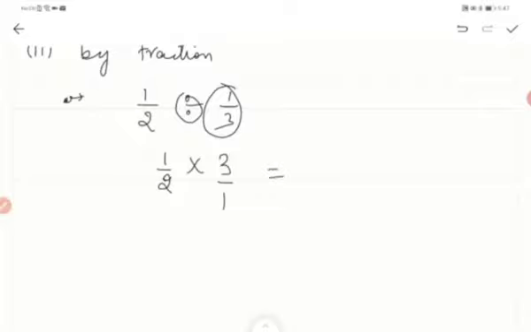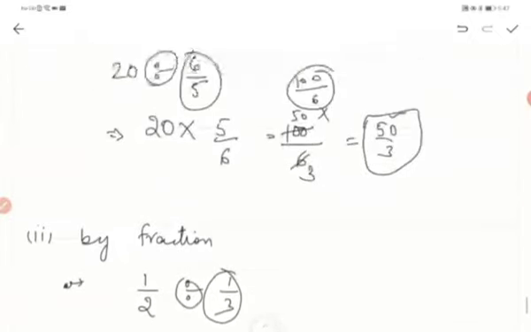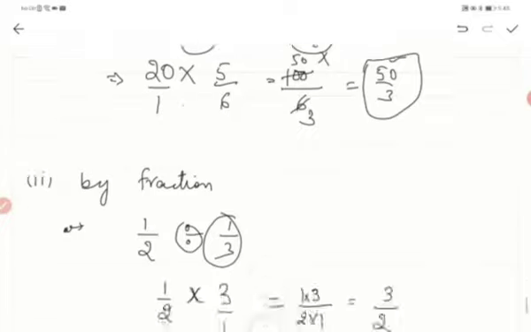This will be equal to, now multiplication, so you multiply numerator with numerator and denominator with denominator. So this will be 3 by 2. Isn't it the same as we did? You can take this as 20 by 1. So 20 into 5 will be 100 divided by 1 into 6 is 6.